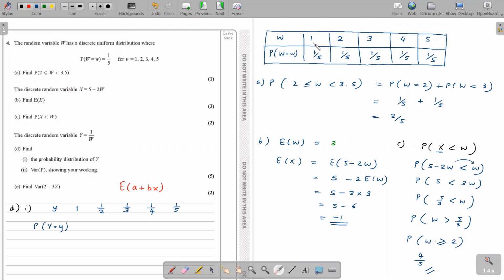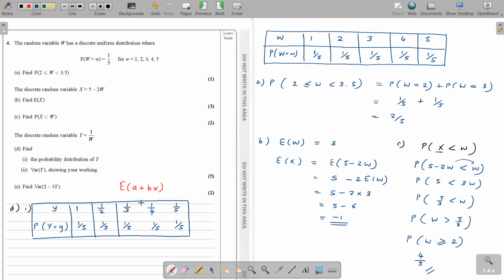When W is 1, the respective Y value is 1, and the probability of getting W equal 1 doesn't change. So all these probabilities remain constant. This is my probability distribution for Y.